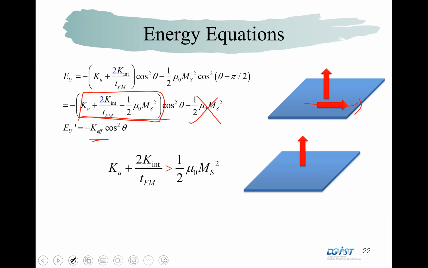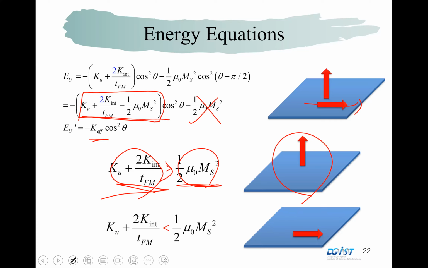Once the positive terms are larger than the negative one, the magnetic moment points up or down, in the perpendicular direction. But once they are smaller, the demagnetizing energy is larger, and the moment aligns in-plane.